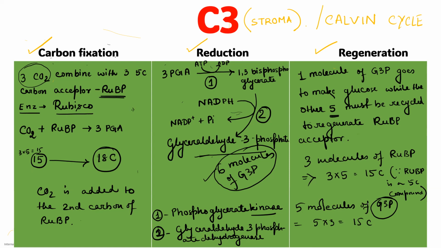So 6 turns of the cycle means 6 CO2, 18 ATP and 12 NADPH are used.